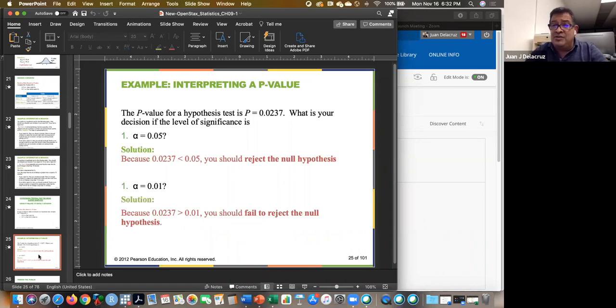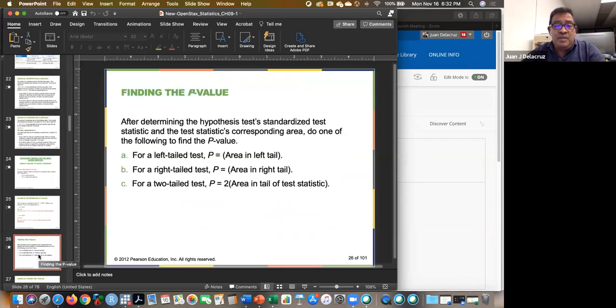Keep that in mind because this is very important. Rejecting or failing to reject H naught is something that needs a little bit of thinking. Finding the p-value is something that we already know how to do.